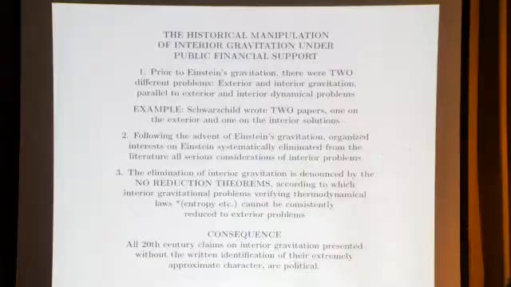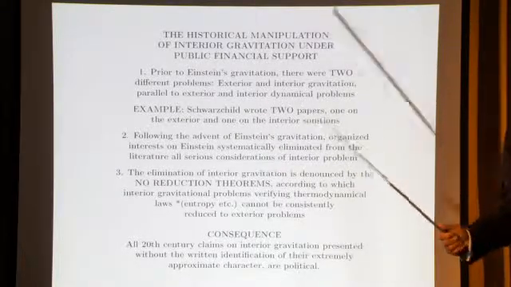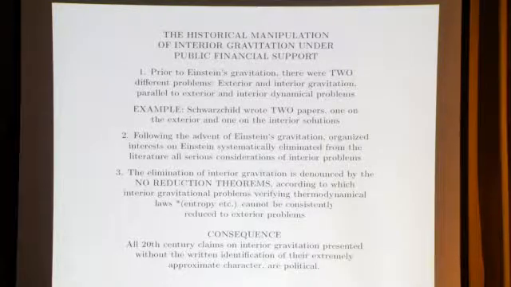Even at that time, Schwarzschild wrote two papers, not one. If you look at the titles, one is on the solutions of the exterior gravitational problem, which is now historical. This is the Schwarzschild solution, and the other deals with the interior problem. The second was completely ignored throughout the 20th century because, of course, it's not compatible with Einstein gravitation, and so the paper does not exist.